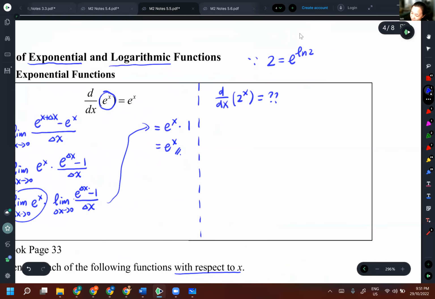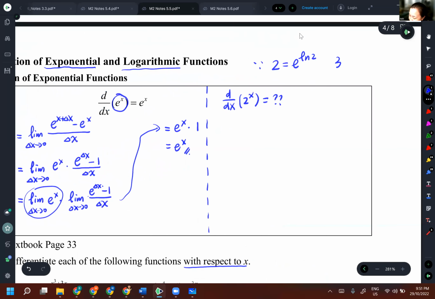Like I can change 3. If you don't know what it is equal to, you say e to the power what, right? And then what must be log 3. Therefore, 3 equals e to the power log 3.